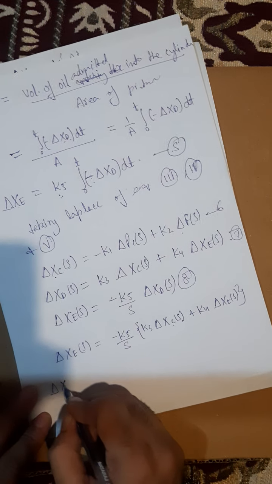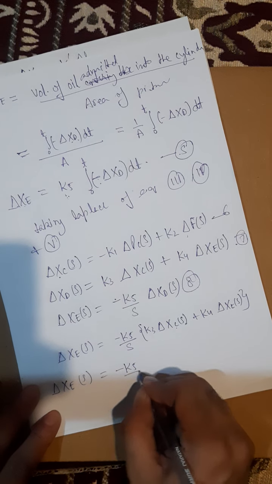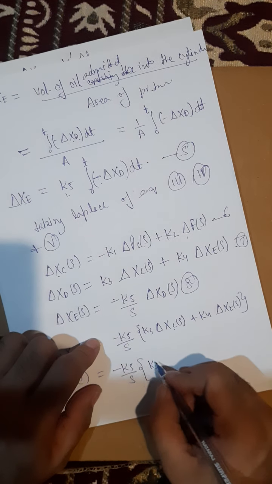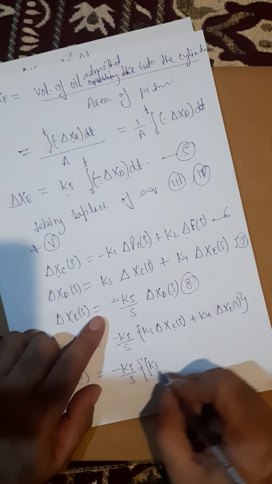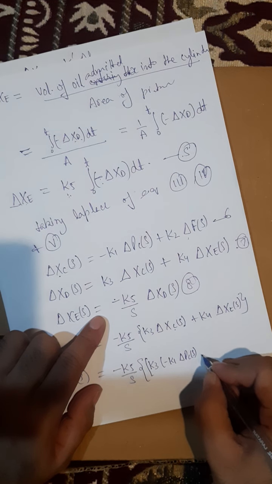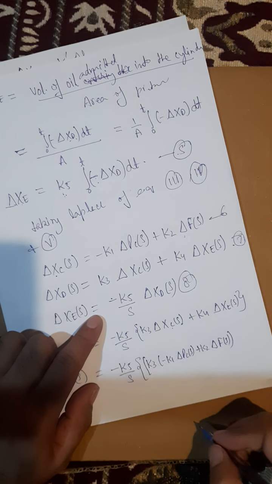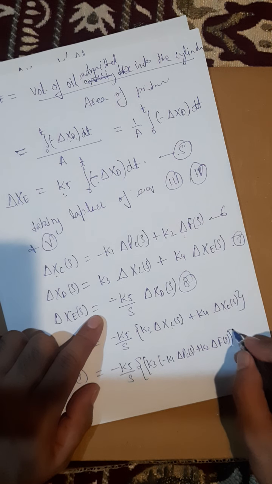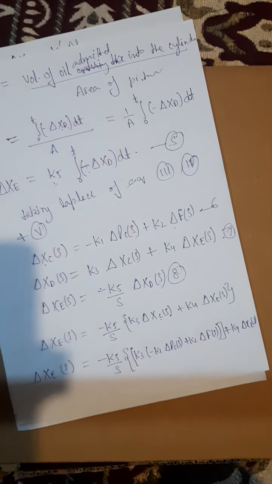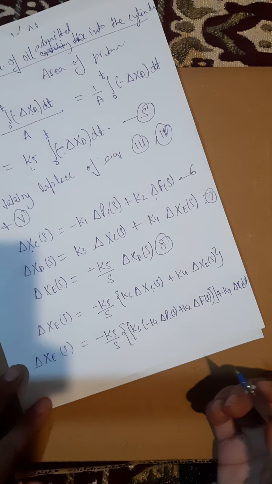So you can write delta XES is equal to minus K5 by S times K3 delta XCS, which is nothing but minus K1 delta PCS plus K2 delta FS. So bracket close, plus K4 delta XES. Got it? So now I will solve it.